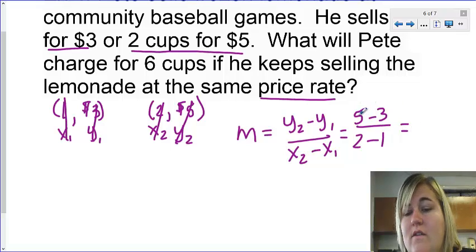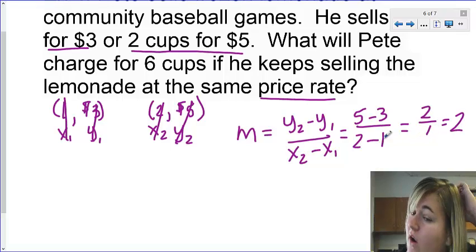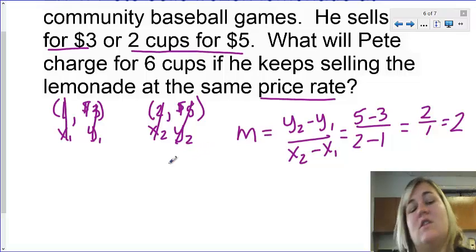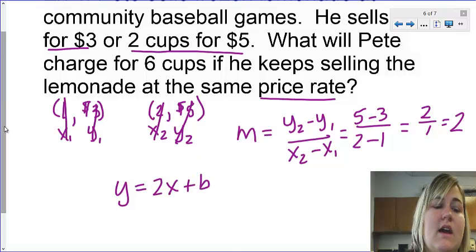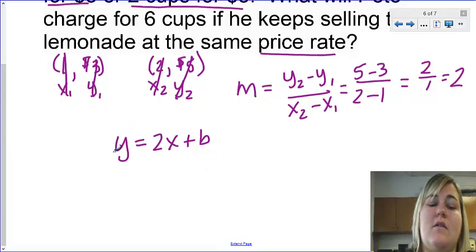So I have 5 minus 3 is 2 over 2 minus 1 is 1. So my slope is 2. So I'm going to use this and plug it into my slope-intercept form. So I have y equals 2x plus b. But I'm going to have to find what b is for this to be my formula.